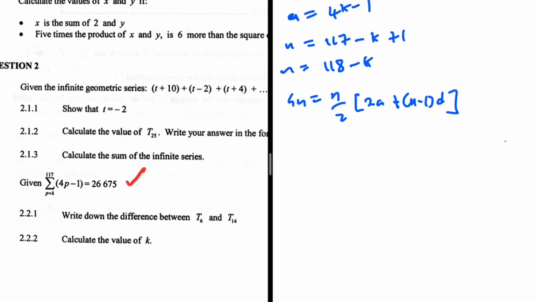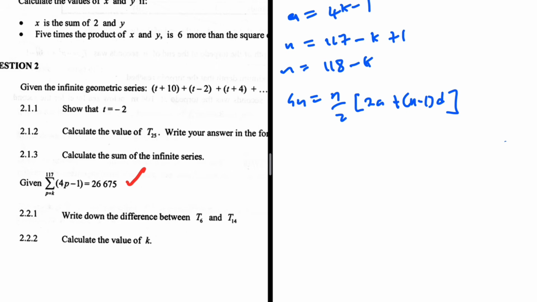I do have the question paper next to me, so let me actually check. Okay, on the question paper we have the formula that says 2A plus N minus 1 multiplied by D. Okay, so let me just use that.